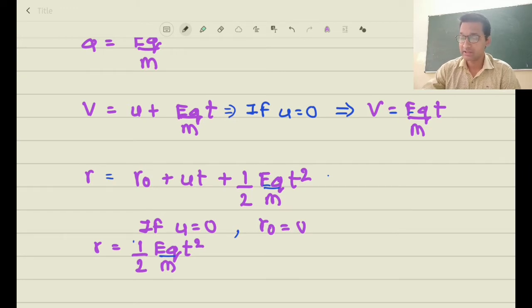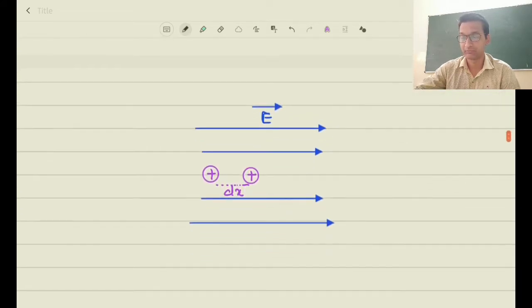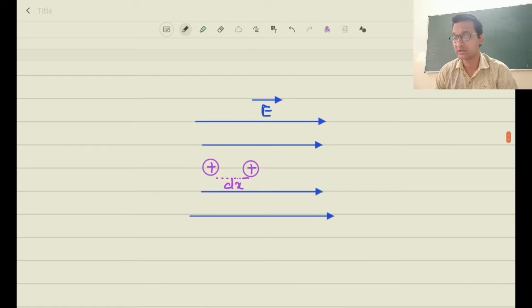Now let us consider how to derive the equation for energy. For that, let us consider a charged particle, a positive charge, which is accelerated through a small distance dx in the direction of the electric field. It is similar to an object which is falling towards the ground.